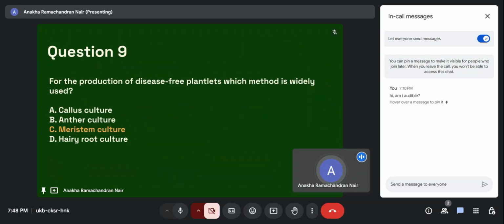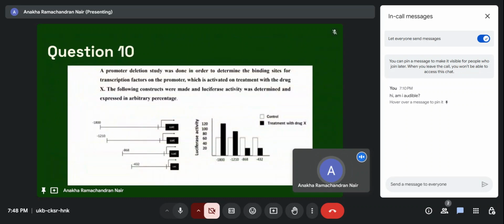So let's move on to the last question, question number 10. A promoter deletion study was done in order to determine the binding site for a transcription factor on the promoter, which is activated on treatment with drug X. The following constructs were made, and luciferase activity was determined and expressed in arbitrary percentages, right?